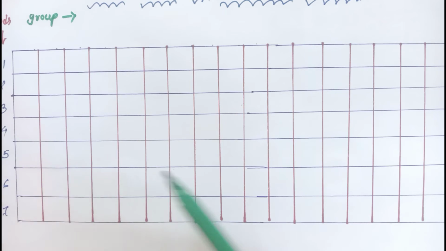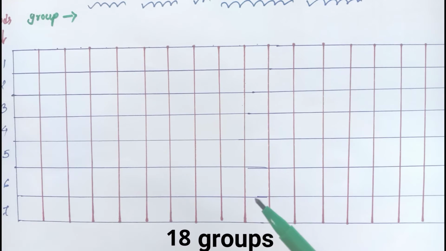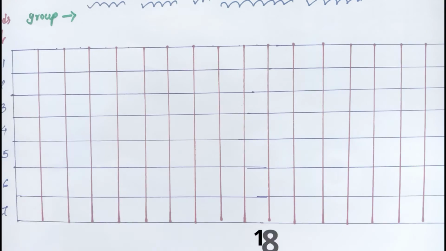And these vertical columns are known as groups, and there are a total of 18 groups present.